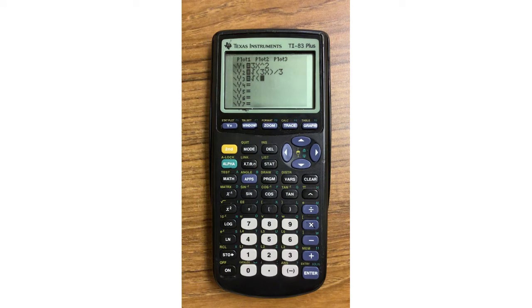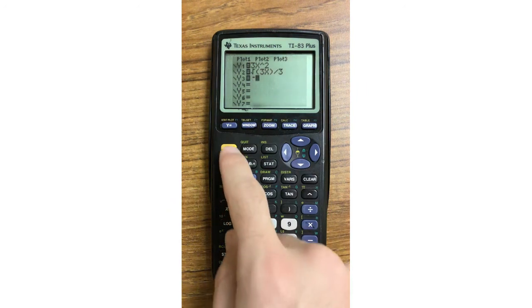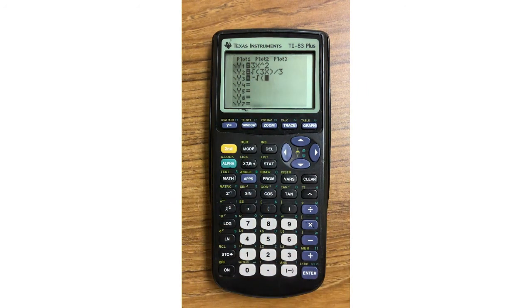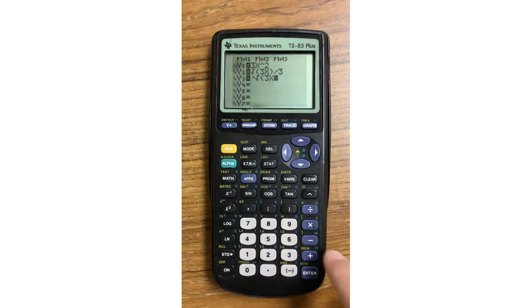Make sure you always close the parentheses. It's equal to, before you click it, negative square root of 3x over 3.